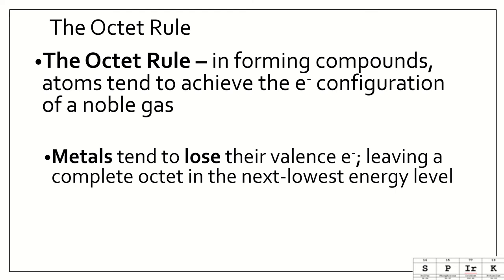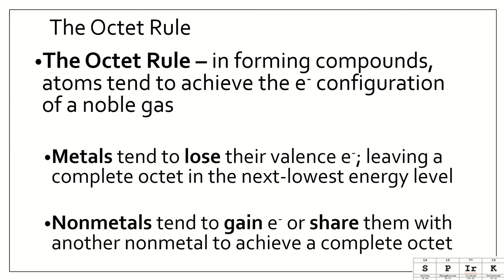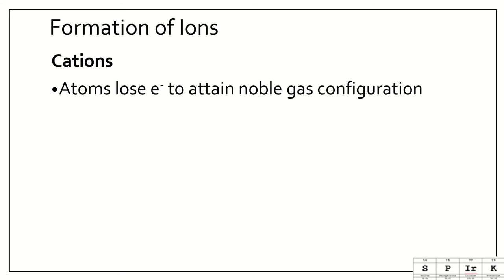Metals, we've discussed, tend to lose their valence electrons, leaving a complete octet in the next lowest energy level. And nonmetals tend to gain electrons or share them with another nonmetal to achieve a complete octet. So cations, remember cations are positive. Atoms lose electrons to attain the noble gas configuration. For example, sodium. Sodium is in group 1.